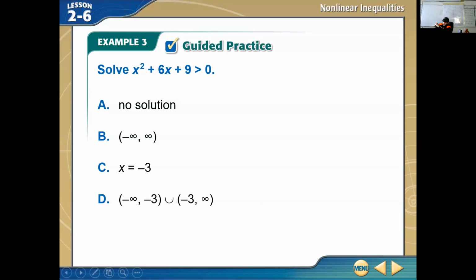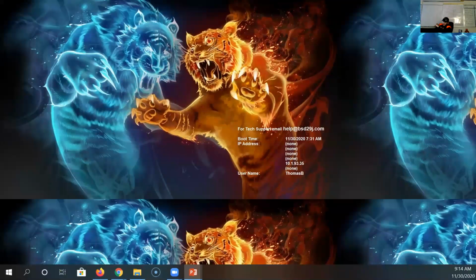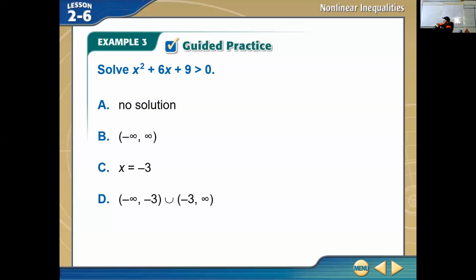This one's determined based upon where exactly we are greater than 0. So we have a 0 at -3, it's the vertex. Because the end behavior is positive and it's a parabola facing up, the answer is going to be D. From -infinity to -3, we're above the x-axis.